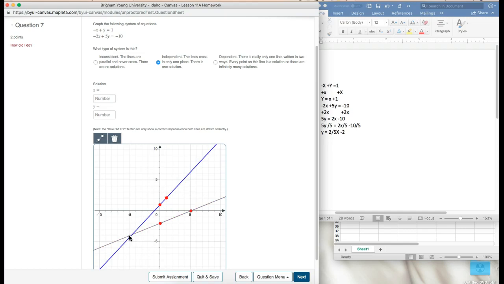You see that it goes through right here, which is the point -5, -4. Now the reason I know that is my slope here is 1 over 1. So I'm going to be going every one up 1 over 1, up 1 over 1.